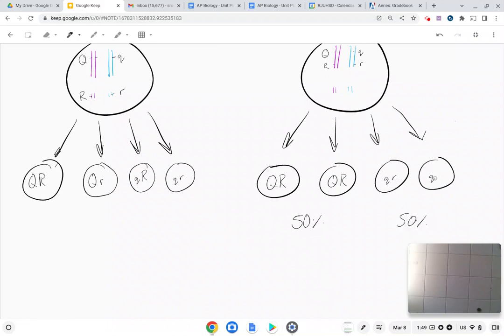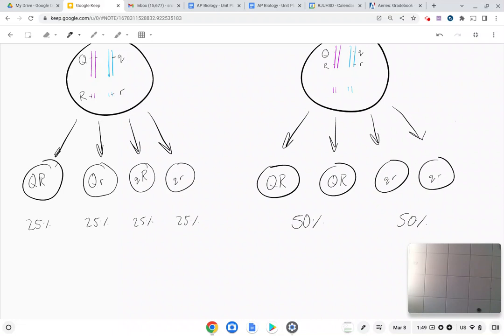But in this particular case, it wouldn't be possible to get a dominant and a recessive because they're linked. Does everybody see the logic there? Now over here, back to the not linked, if you think about the percentages, it's just 25, 25, 25, 25.